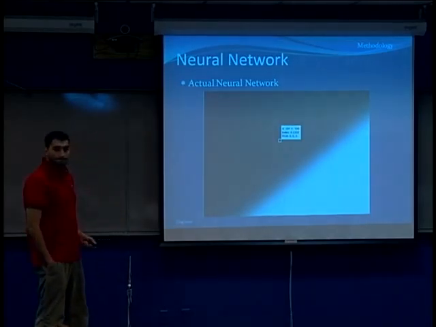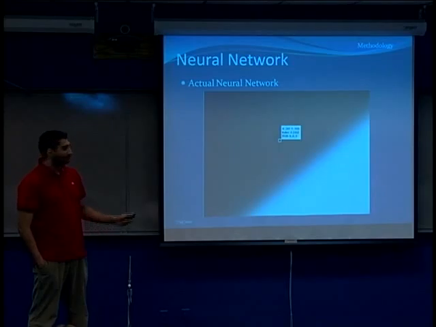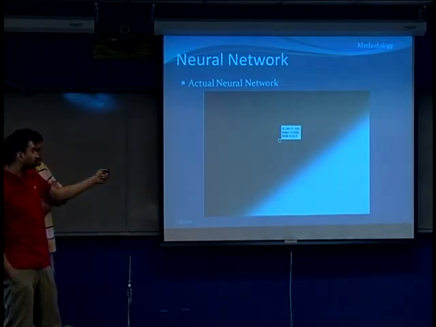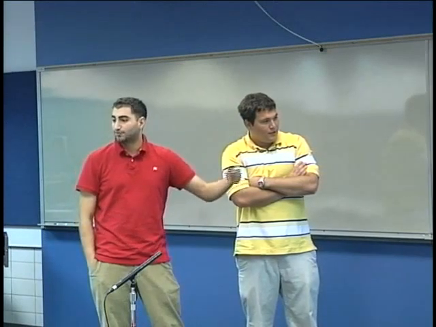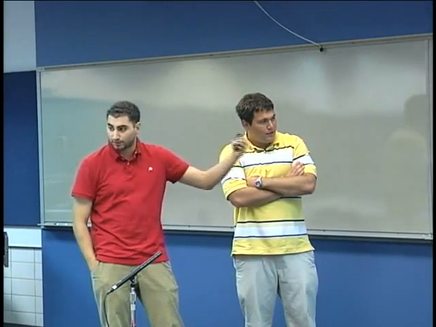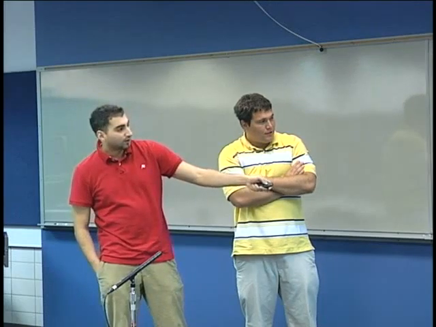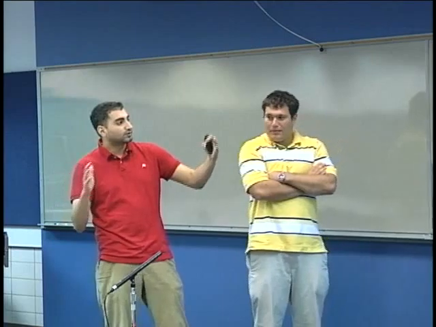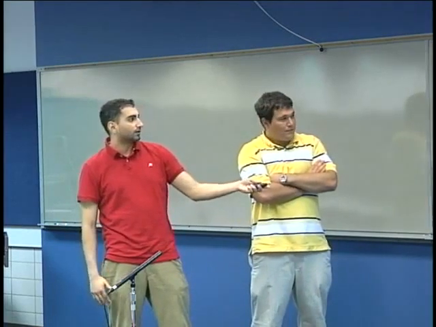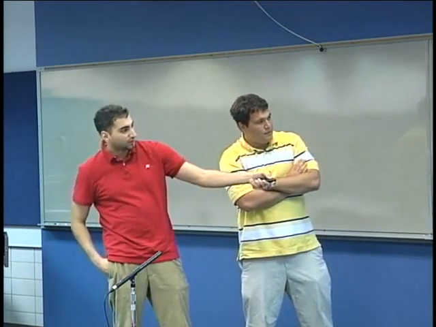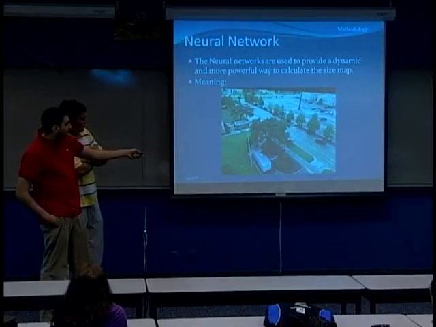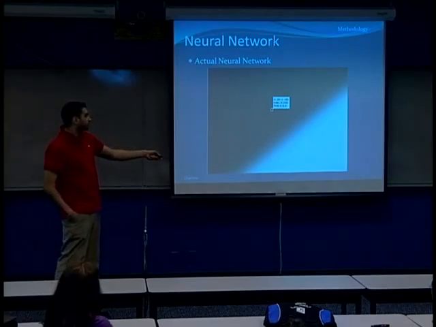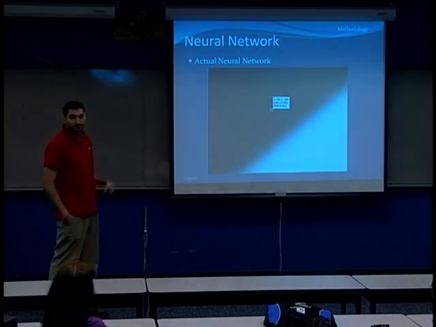This is the actual image provided after we ran the neural network. Anything over here, it finds that it's a bigger image. And as it keeps going up the street, you see how it's bigger here, and every time it moves up, it actually gets smaller. It decreases every time it goes down in color. Intensity shows how big it is.